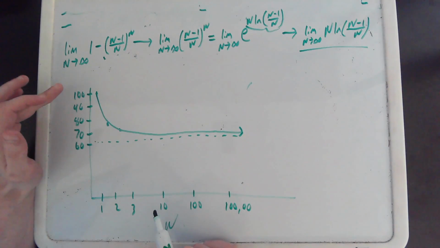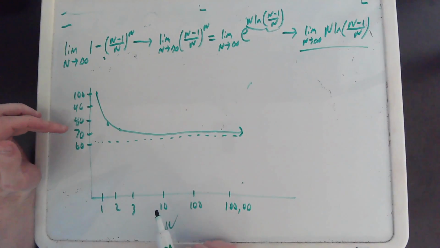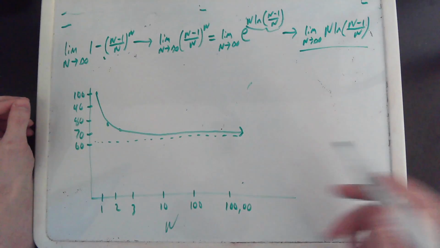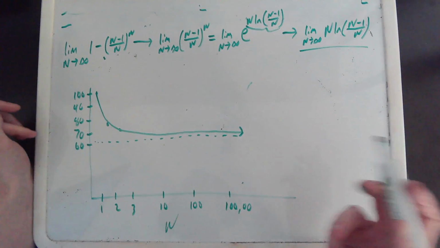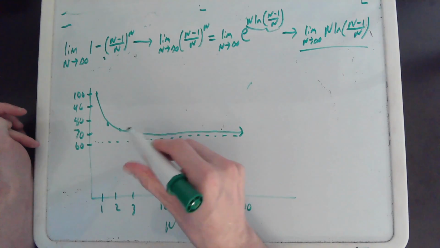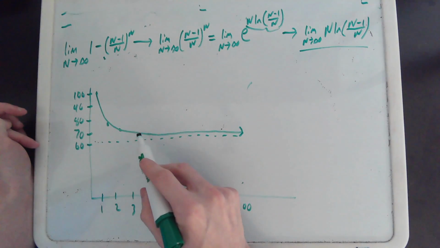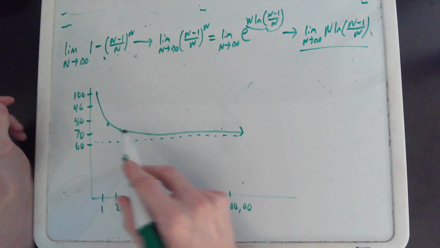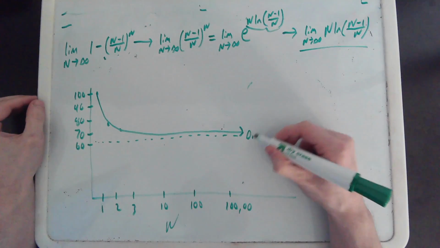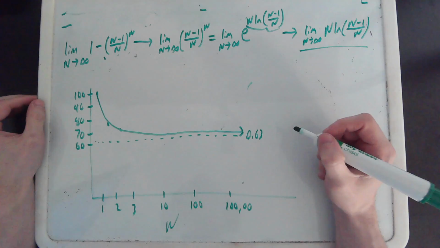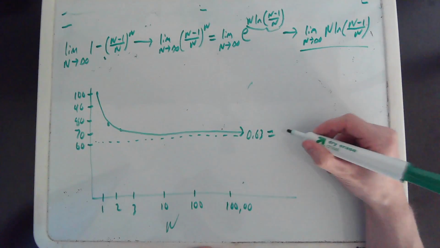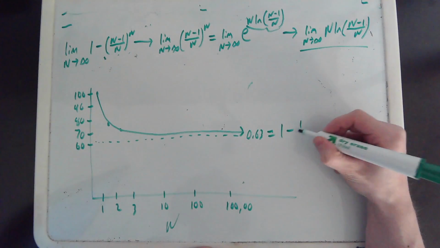What we saw was that as n increased, which means we're talking about lottery tickets that have a lower chance of winning, but we're going to be buying more of them, the probability of getting at least one winning ticket went down, but it asymptotically approached a single value, about 0.63. And when we actually did all the math and figured out what this number was, we found it was actually 1 minus 1 over e.